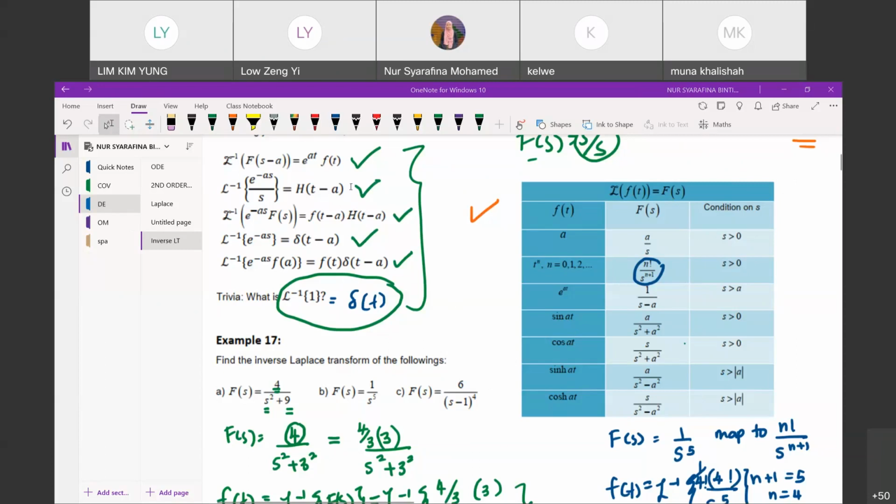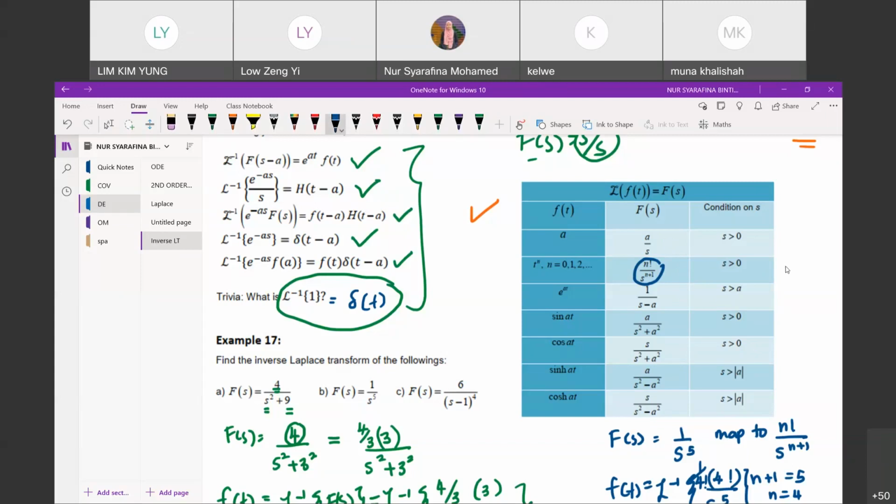We have all the properties and types of function here. So s minus 1 to the power of 4 is mapped to what? Not sine, because sine here is s squared. This one is s minus 1 bracket to the power of 4. Okay. We cannot use this. This one also cannot. This is only s minus a, cannot. This is s squared, this is s squared, this is s squared. So all cannot from the table of transformation.